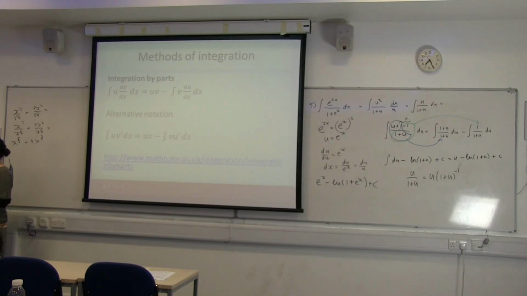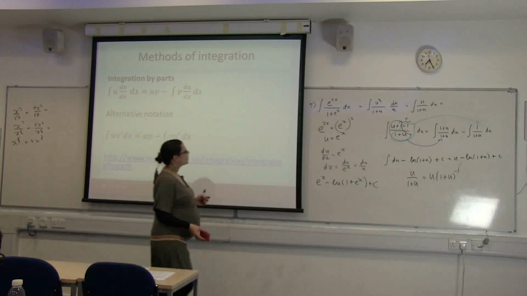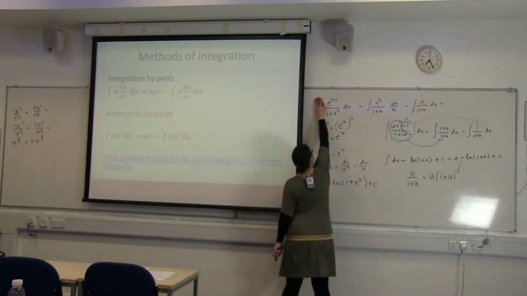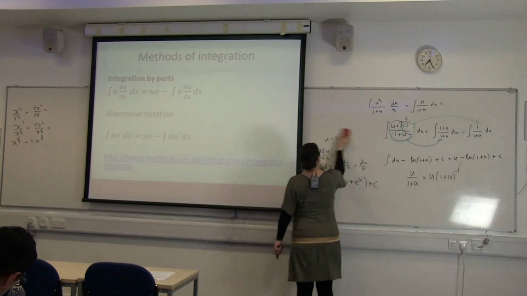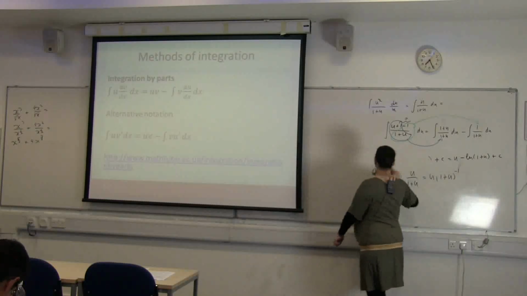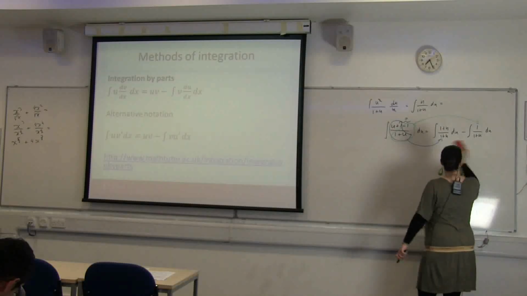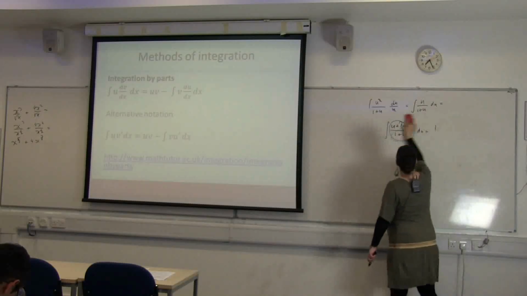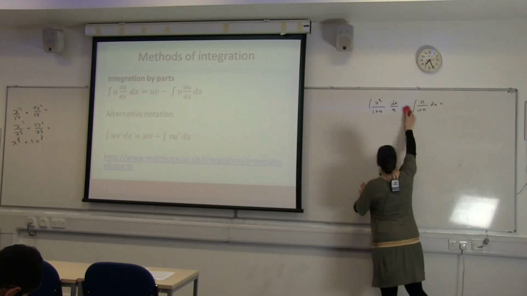Okay? One more very, very standard method of integration is integration by parts. Now, the u substitution or integration by substitution was the antiderivative of the chain rule. This integration by parts is the antiderivative of what rule?